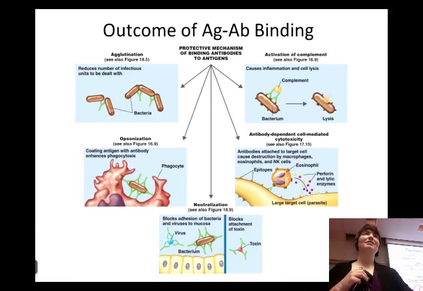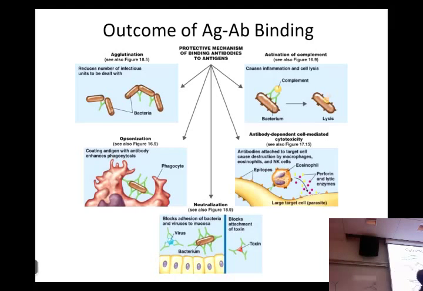To bind whatever it's going to bind in your body. So normally these pieces would be free to latch onto some cell. You know, the virus would trick the cell into taking it up, but now it's covered in antibodies, it really can't do that. Or maybe a bacterium has some kind of attachment, or maybe a toxin would normally have some effect, but now it's covered in antibodies. So it can't bind to whatever it was going to bind to and do the work it was going to do.